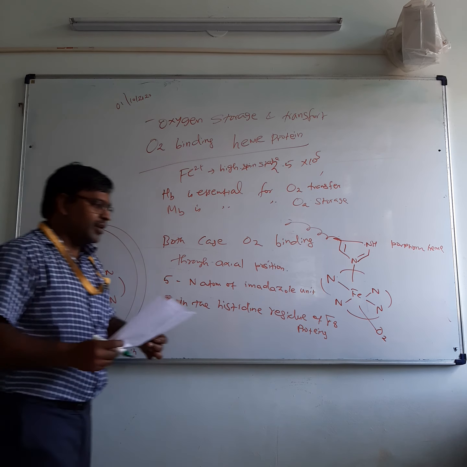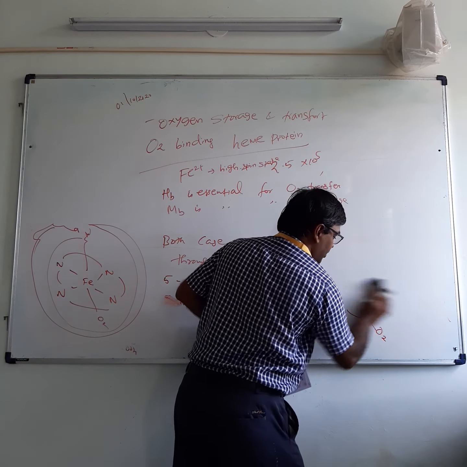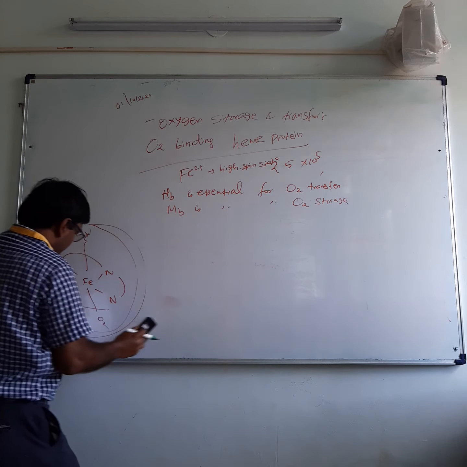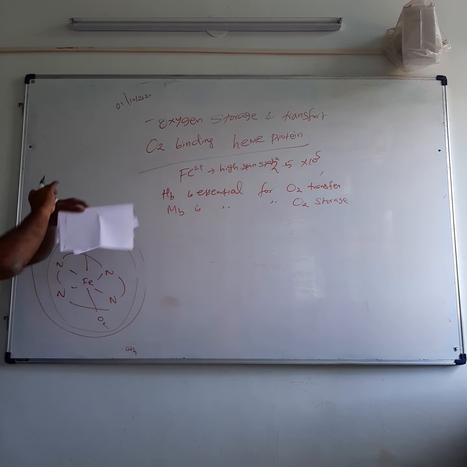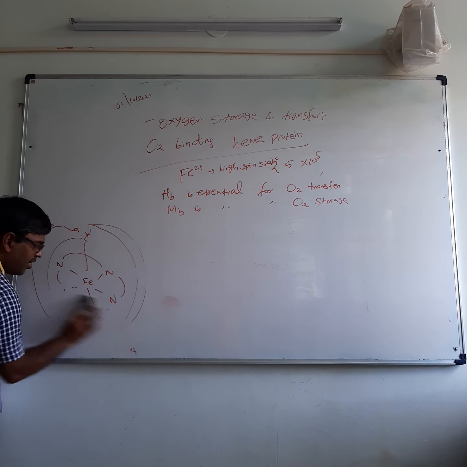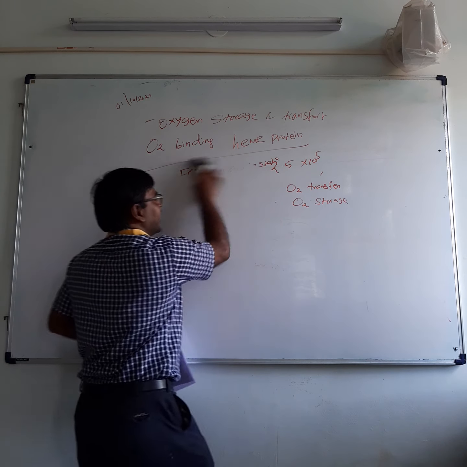Now we will talk briefly about the structure of hemoglobin. As I said, each heme is completely encapsulated, completely covered with the protein unit, so that no water molecule can come. But how many heme units are present in hemoglobin? Let us see.